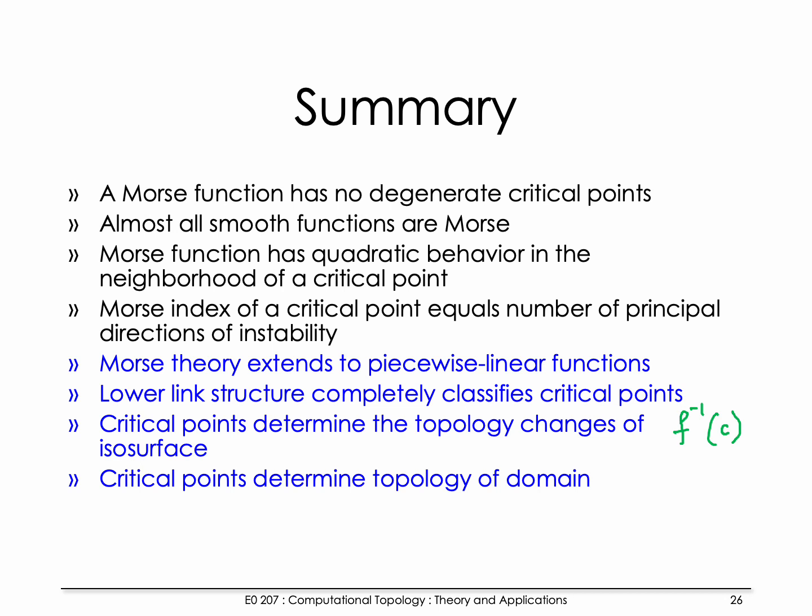So there is clearly a relationship between critical points and the topology of the domain. With that thought, we'll end this discussion on Morse functions. And this should be sufficient background for us to talk about specific topological structures that have been introduced to study scientific data.